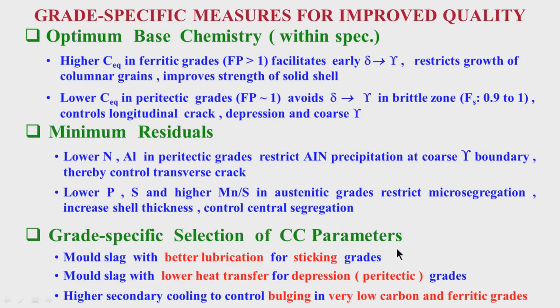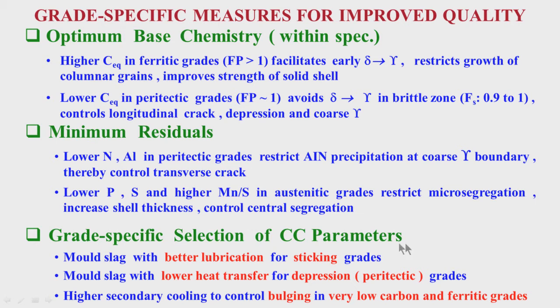So if you understand how the solidification is taking place, whether it is a depression prone grade or a sticking or bulging prone grade, accordingly we have to decide the casting parameters.